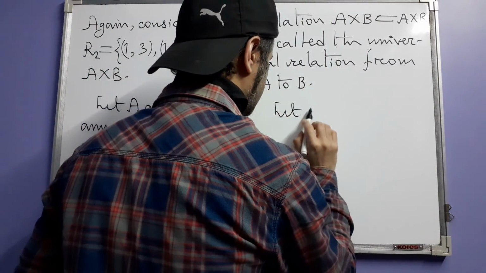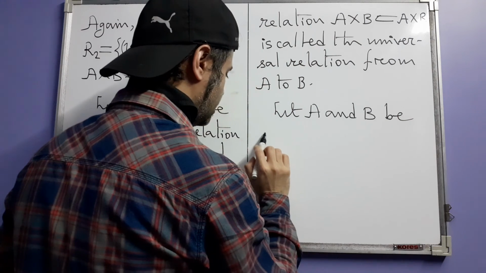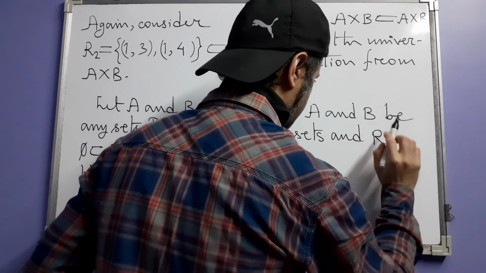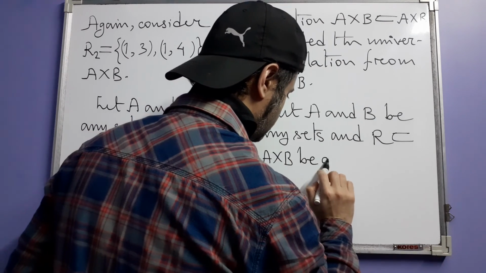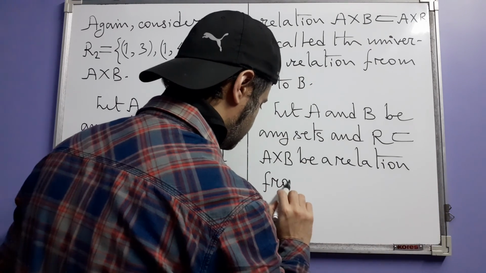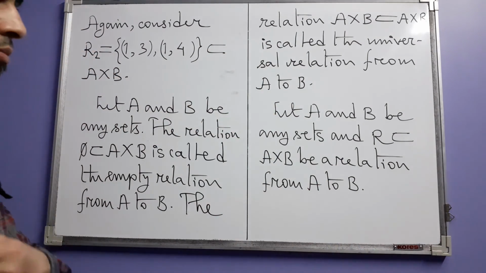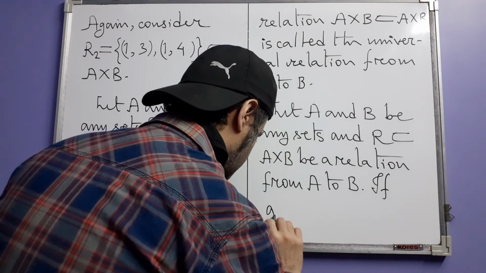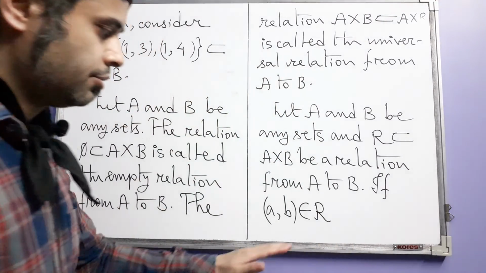Let A and B be any sets and R be a relation from A to B. If the ordered pair a comma b belongs to R. You know what this means?